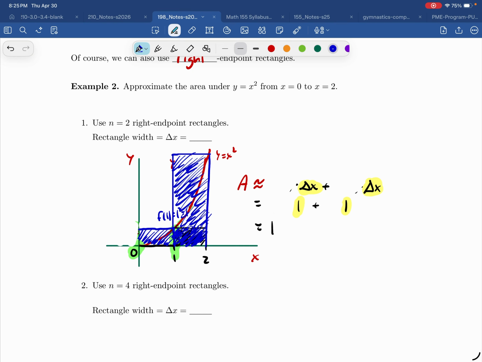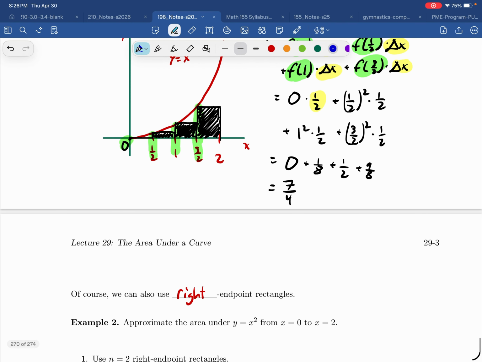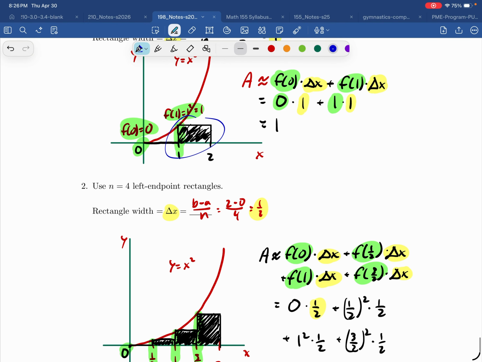Well, it's going to be f of 1 times delta x plus f of 2 times delta x, which is going to be 1 times 1 plus 4 times 1. And that equals 5. Note that the width of the rectangles is the same. Also note that the height of this first rectangle was the height of this second rectangle. Just pointing that out.